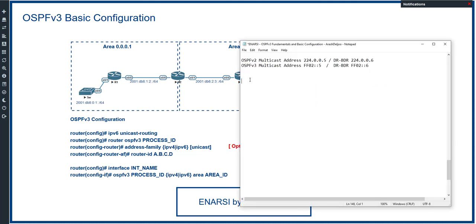You can easily configure the passive interface, exactly the same concept and configuration as OSPF version 2. If you want to configure an interface as passive, you can do it with two methods.